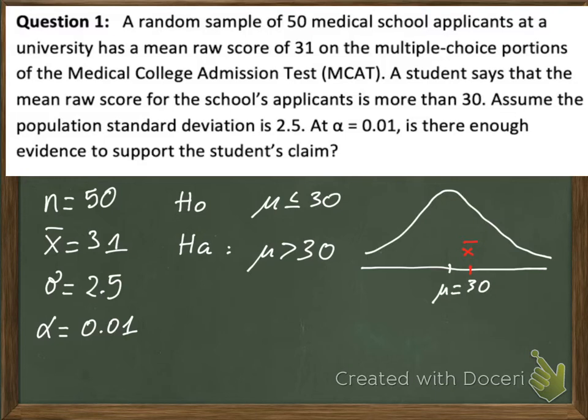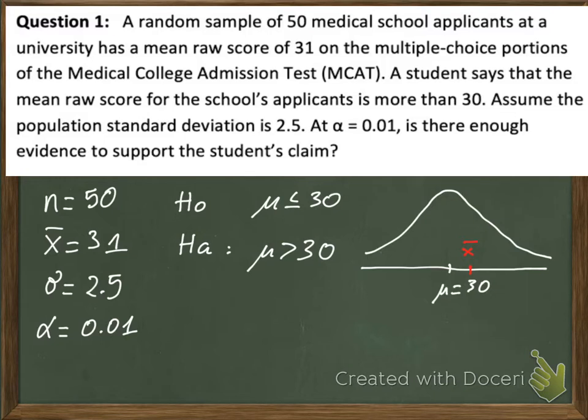And the sample size is 50, so it's greater than 30. So we know that the sampling distribution is normal. So we have a normal distribution here. And we know that the mean of the population is 30. And then we know that the sample mean, x bar, is 31, which is slightly greater than 30.